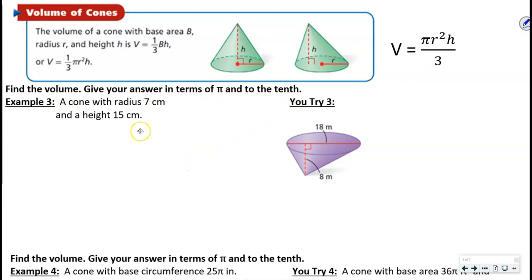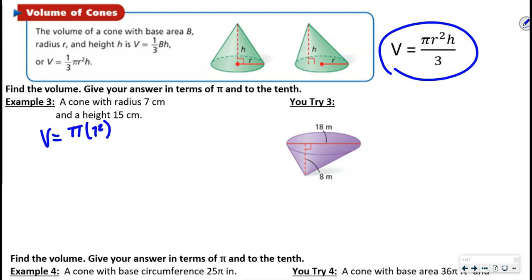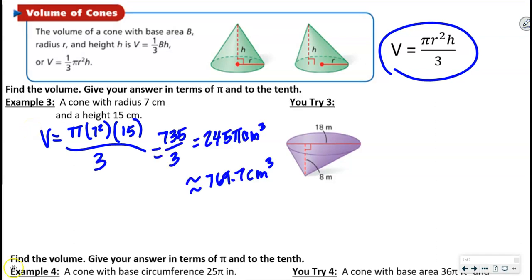So again, our volume is, and notice what I did here. I did pi r squared h divided by 3 because that's the easier way to put it in the calculator versus multiplying by 1/3. So the cone with the radius of 7, so we're going to do pi times 7 squared times 15, and we're going to divide all that by 3, okay?